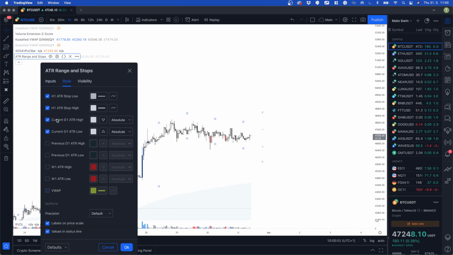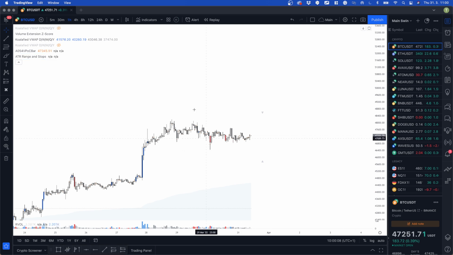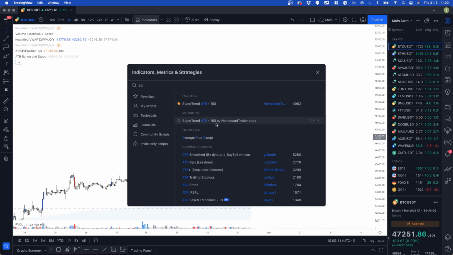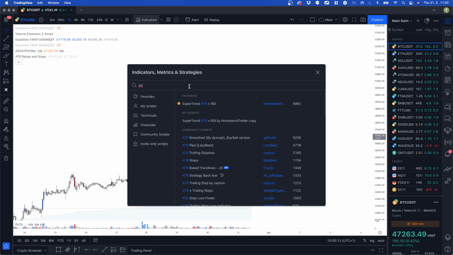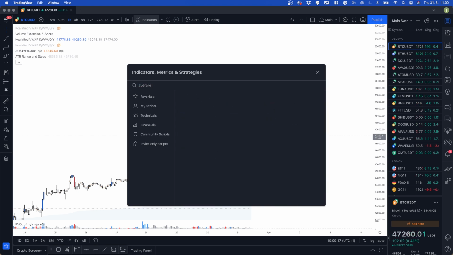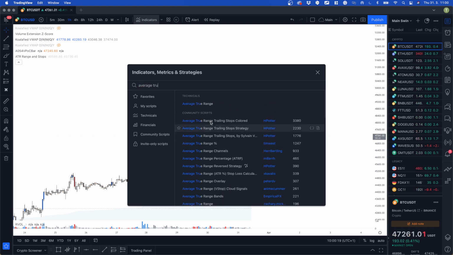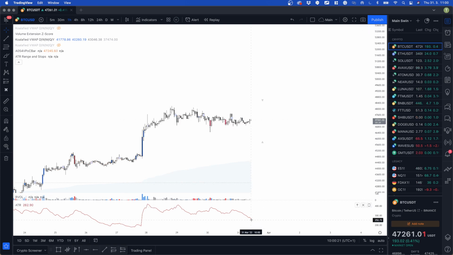You don't need to look at all of these, but you will have the current day ATR, which is very simply calculated by plotting the ATR, the average true range indicator, which is here, and it's calculated from this.